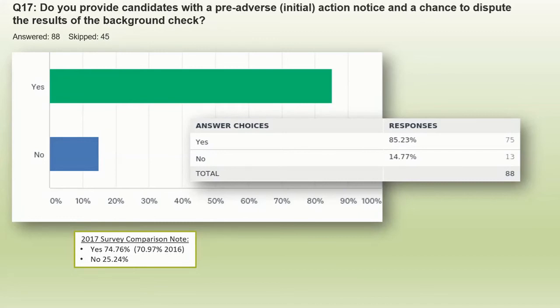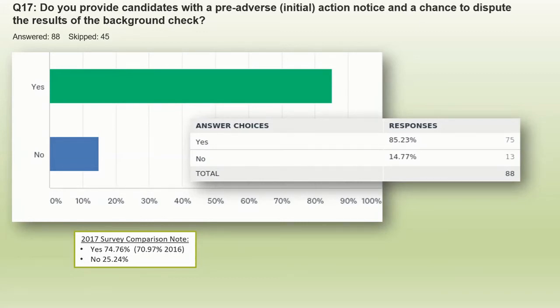Now, we do still continue to see organizations that do not provide candidates with some type of a chance to dispute information from the angle of accuracy, but sometimes it's because they're not getting it through a consumer reporting agency. Many times, you'll even see within here that some of the folks that may answer no later answer that their background check provider sends it for them, or it's sent by their legal department so that they don't see this.